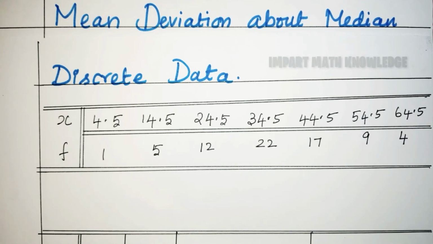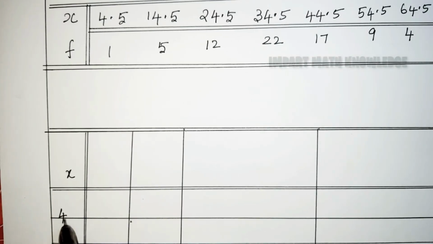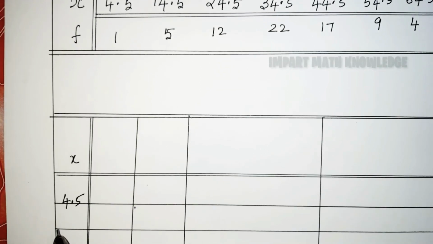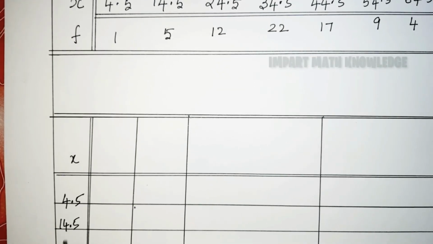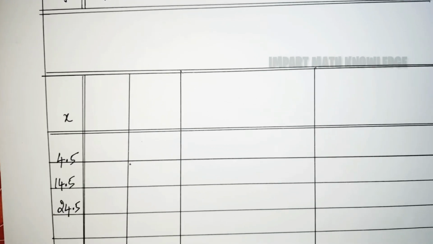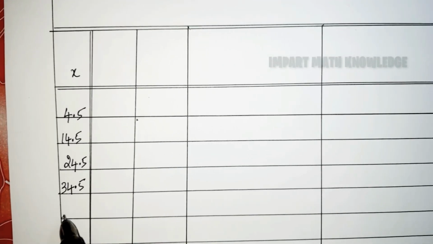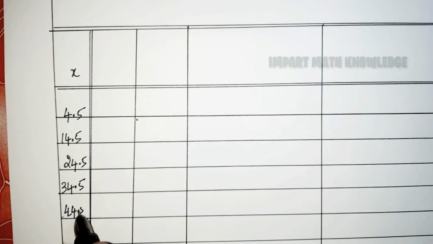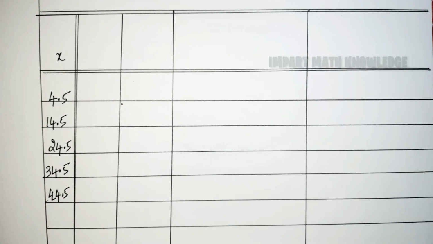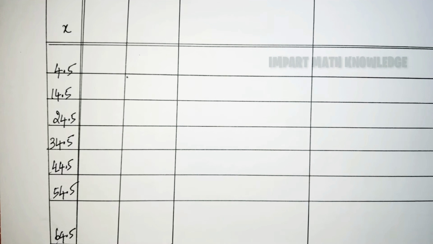Next one, discrete data. For finding median, you have to calculate cumulative frequency first. The x values are 4.5, 14.5, 24.5, 34.5, 44.5, 54.5, 64.5.